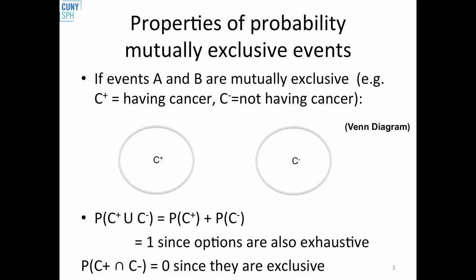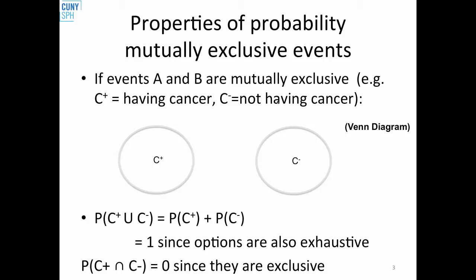For mutually exclusive events, the probability of the union of those two things is the simple sum of them, and in this case they sum to 1 because they're also exhaustive of all the possibilities.